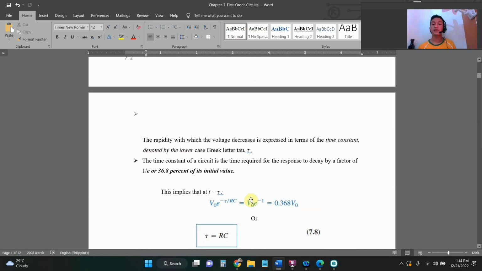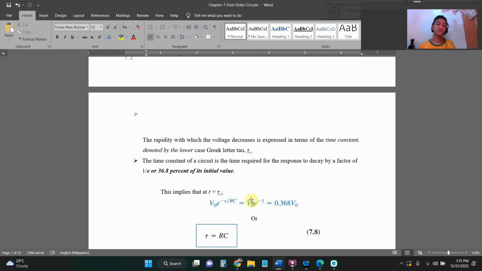Next is the rapidity. The rapidity with which the voltage decreases is expressed in terms of the time constant, denoted by the lowercase Greek letter tau. The time constant of a circuit is the time required for the response to decay by a factor of 1 over e, or 36.8% of its initial value.